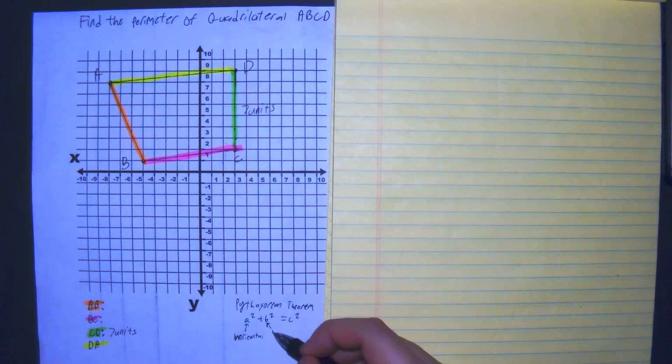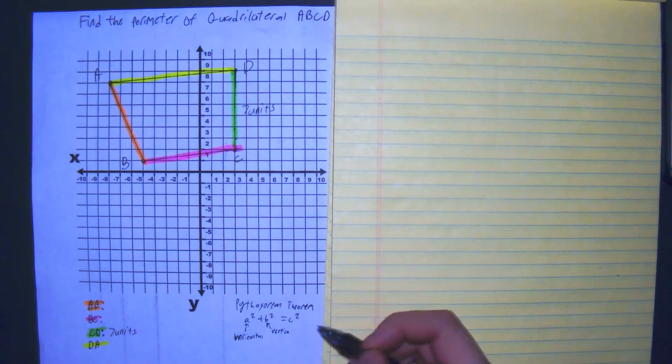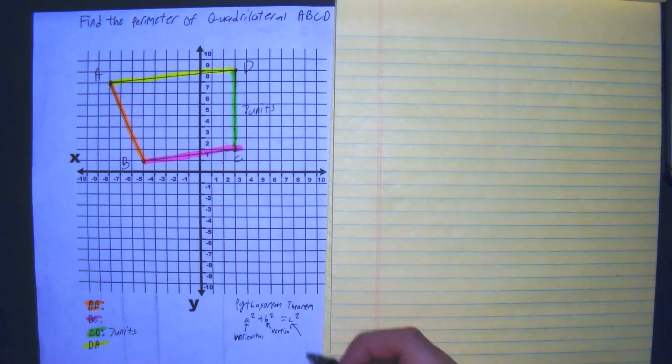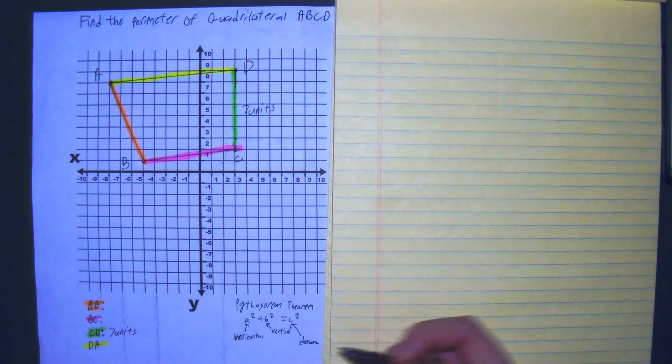This is the vertical. And this is the distance. It's a little small, but horizontal, vertical, distance, just to keep it consistent when doing these. First on the list is going to be AB.